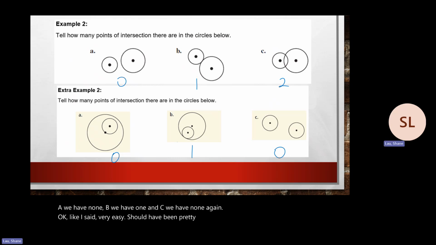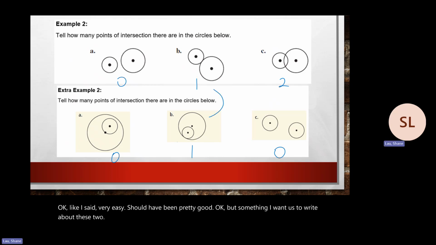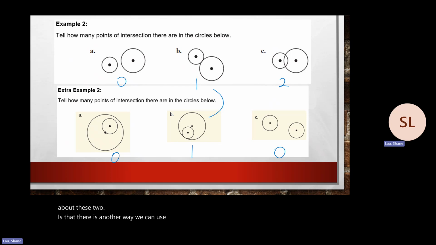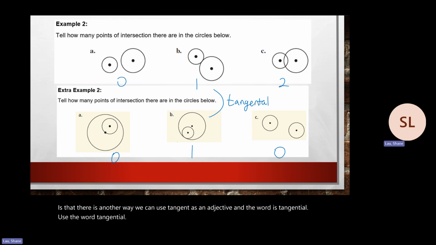Okay. But something I want us to write about these two is that there is another way we can use tangent as an adjective, and the word is tangential. Okay, use the word tangential for the problem here.